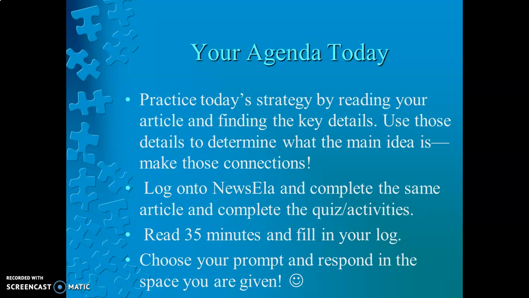We know that those subheadings are basically mini titles that tell us what that particular chunk of text is about. So think about what those sections are, what kind of information is the author providing, and how do they connect? When you think about how they connect and what they have in common, then you'll be able to determine the main idea. This is where you need to keep a pencil with you and you should underline information as you read or jot down notes.